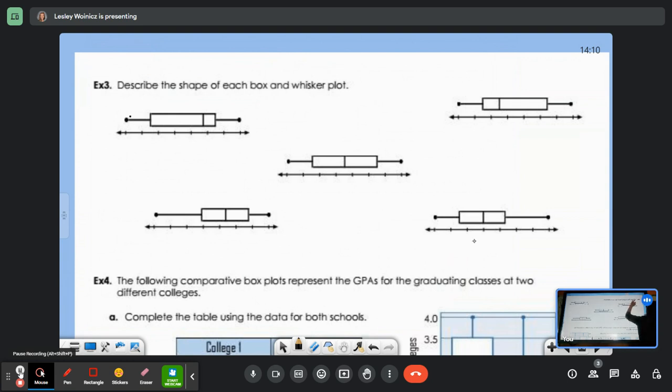So I've got 1, 2, 3, 4, 5 dots, 1, 2, 3, 4, 5 in that section, 1, 2, 3, 4, 5 in that section, and 1, 2, 3, 4, 5 in that part.